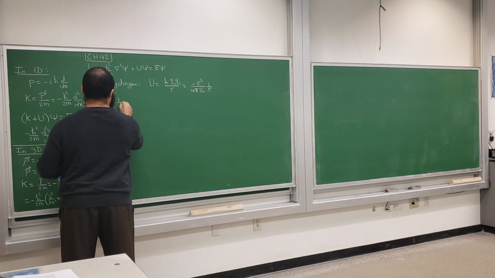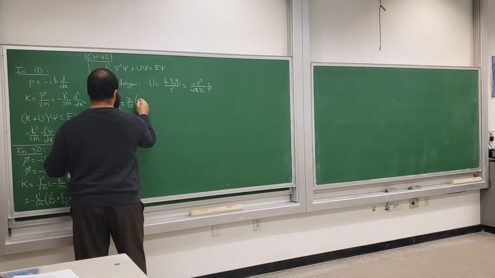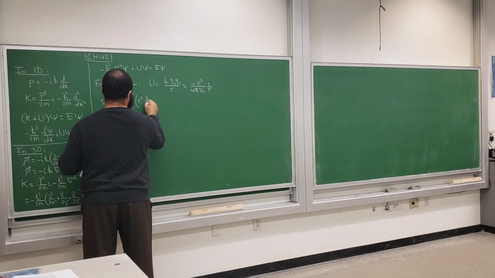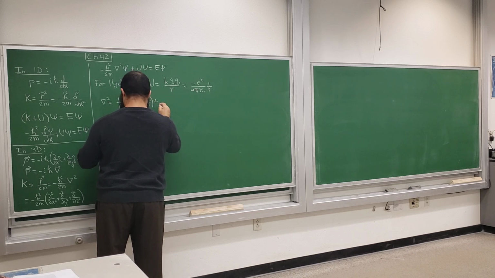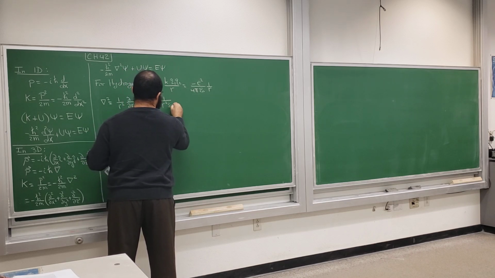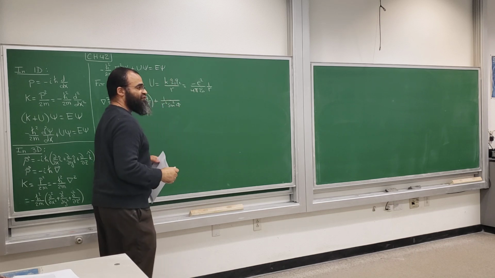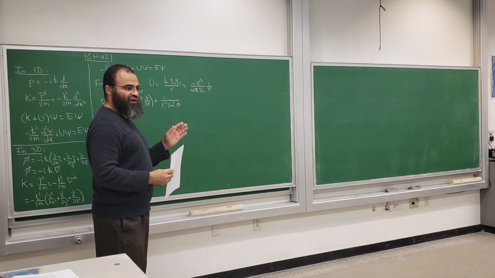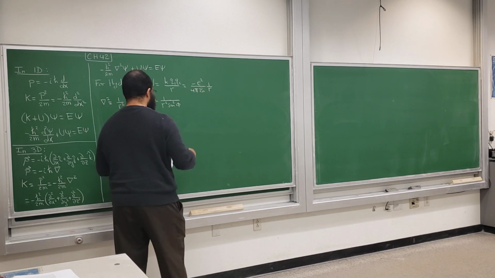It's going to be 1 over r squared, d/dr of r squared d/dr, plus 1 over r squared sine squared of phi. Because here we're using spherical coordinates, no longer x, y, z, but r, theta, and phi. Those are the coordinates I use.